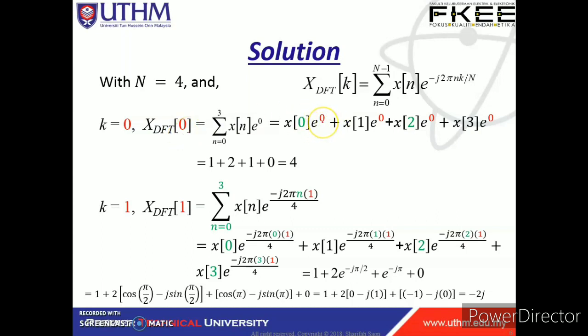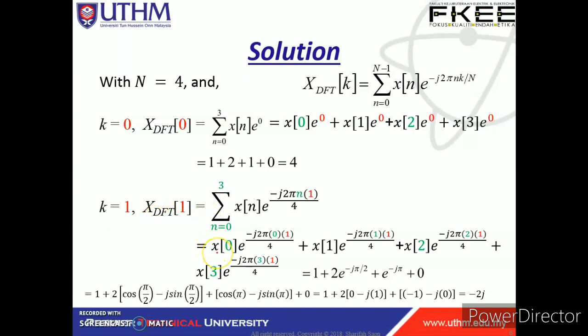So exponent 0 for this case is 1. That's why we will calculate the summation of x0, x1, x2 and x3, which is 1 plus 2 plus 1 plus 0. And the answer will be 4.